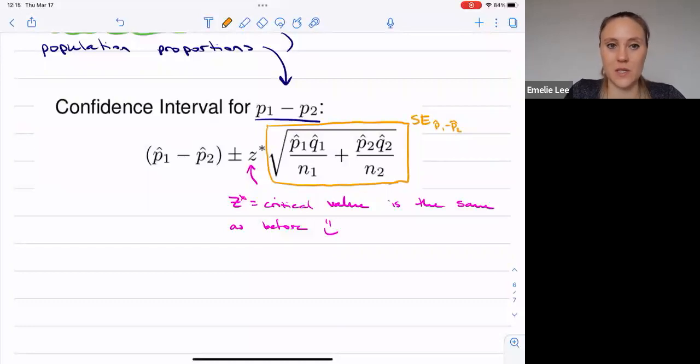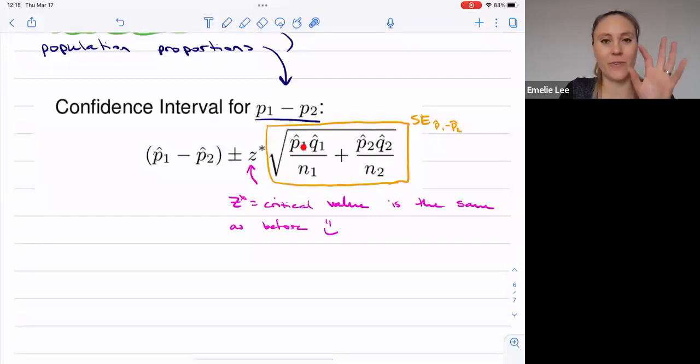In this case, the standard error for those two in the confidence interval case is the square root of P1 hat Q1 hat over N1, very tedious to read out, plus P2 hat Q2 hat over N2. Order of operations is really important here.